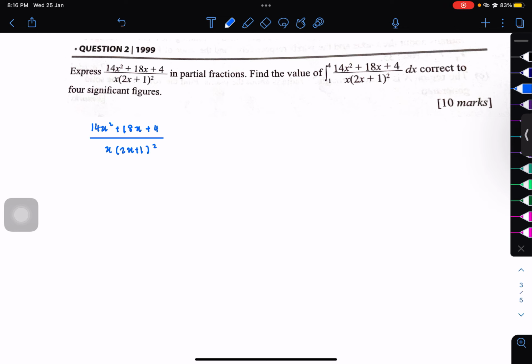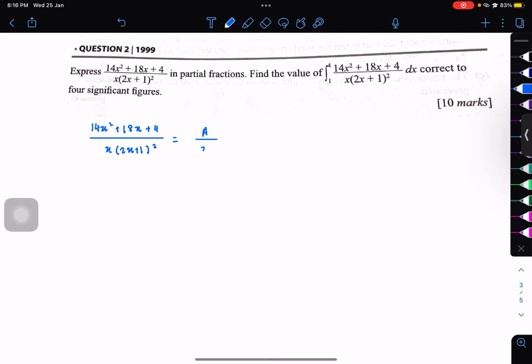So to convert to the partial fraction, kita akan form a new constant which is A, B dan C. Okay, A over, kita nampak apa yang kita akan tulis di bawah A ni adalah x.